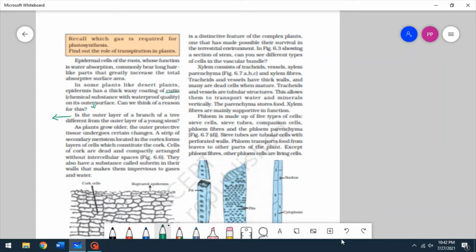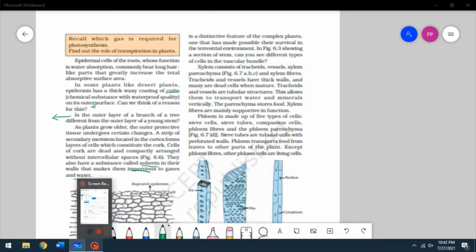They also have a substance called suberin in their walls that makes them impervious to gases and water.